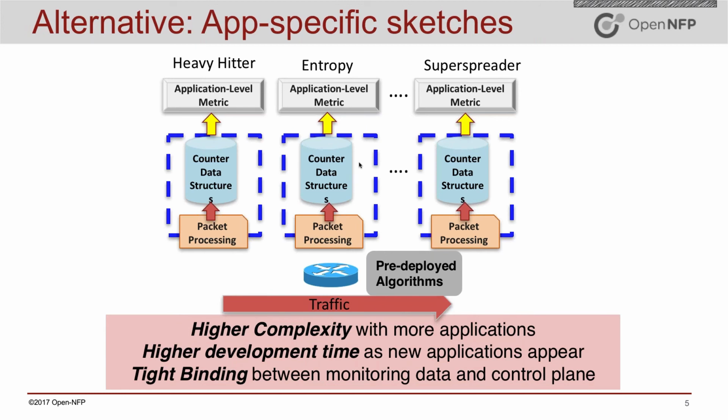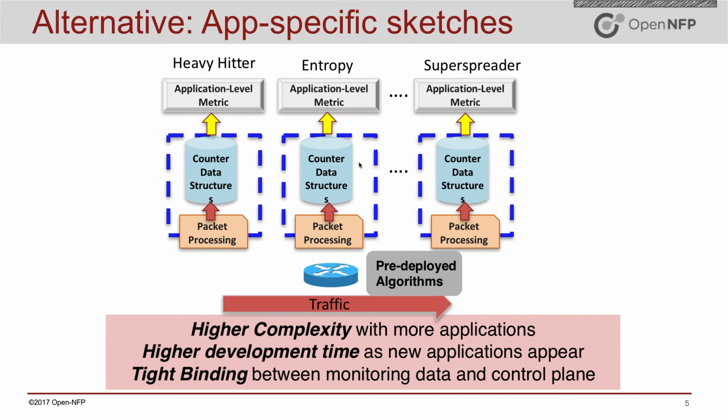At a high level, what they do is, if you can tell me the metric you want, say count the sources that are sending the most traffic, or capture the entropy of a particular distribution, or figure out some super spreaders, give me a particular metric.